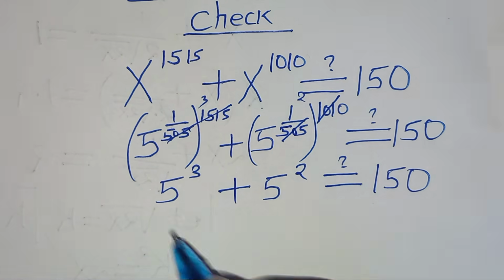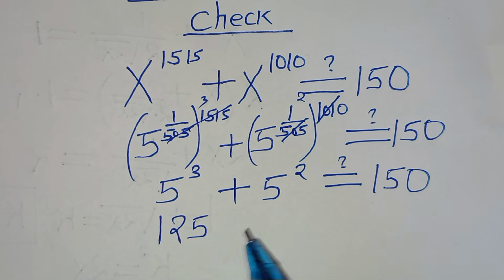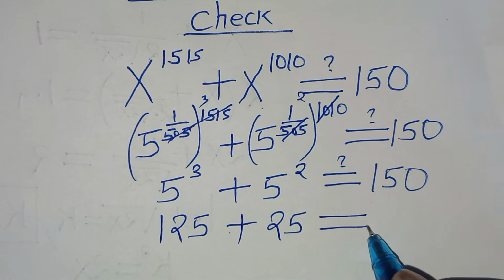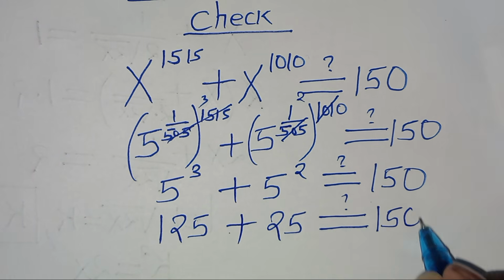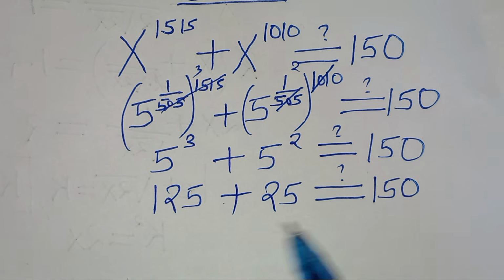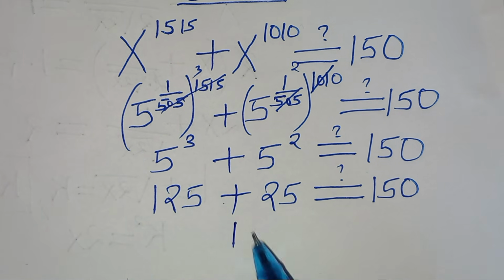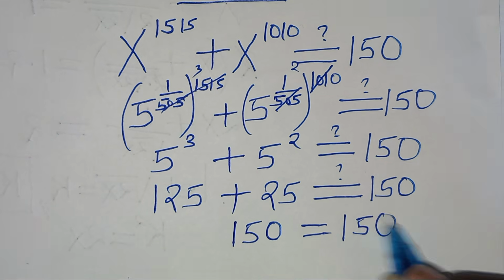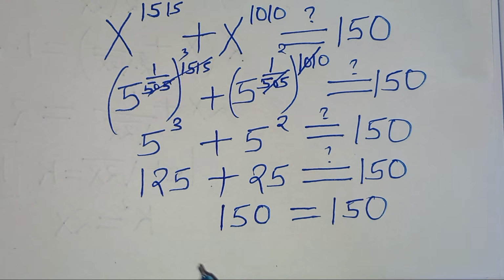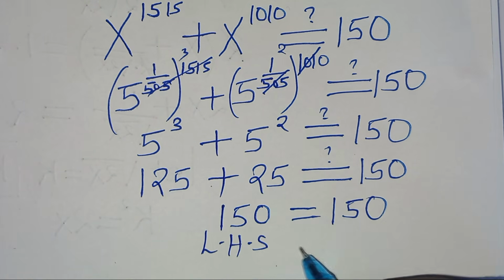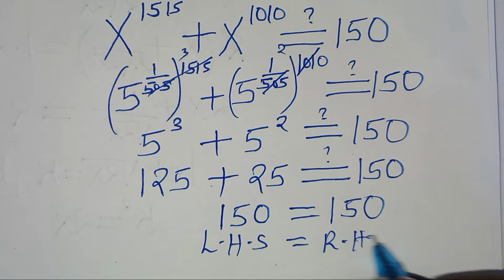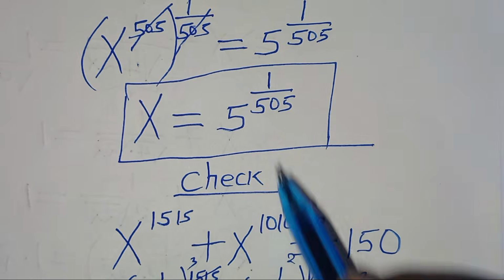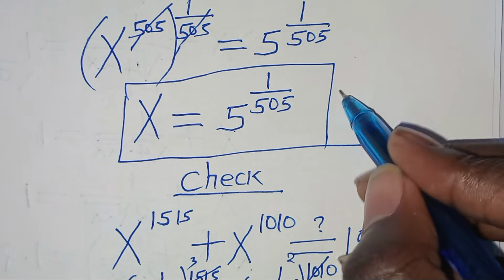So this is 5 to the power of 3, which is 125, plus 5 to the power of 2, which is 25. 125 plus 25 is equal to 150, which is equal to 150. So this indicates that the left-hand side is equal to the right-hand side. And this means that the value of x here, which is 5 to the power of 1 over 505, satisfies the equation.